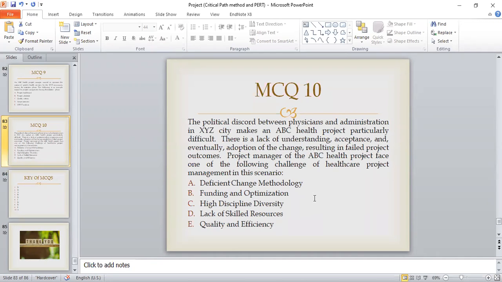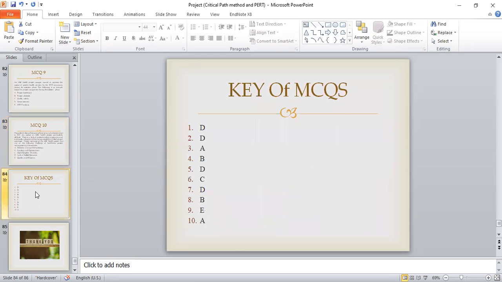Other issues not fitting in this model, for example funding, optimization, high discipline diversity, or lack of skilled resources, quality, and efficiency, are less suitable. Therefore, in this scenario, alpha will be the most suitable challenge. Alpha will be the correct option, deficient change methodology. This is the key to my MCQs. Thank you.